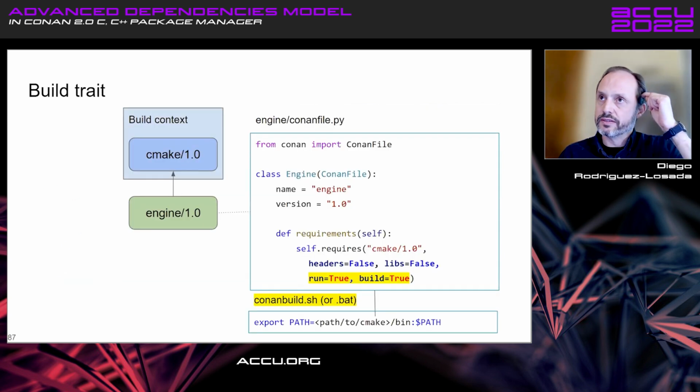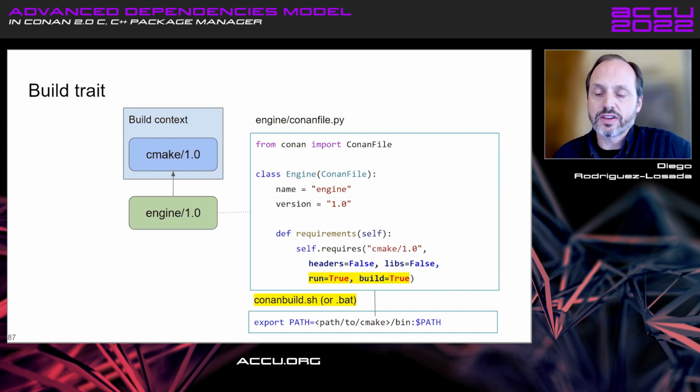Now the build trait. We learned before in Conan 1 about tool requires, and now I'm going to explain the build trait. Basically, the tool require in Conan 2.0 is defined with the build equal true trait. Adding build equal true in a requires means this requires lives in the build context.